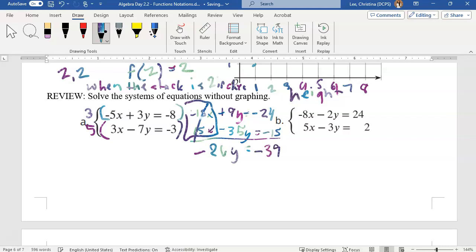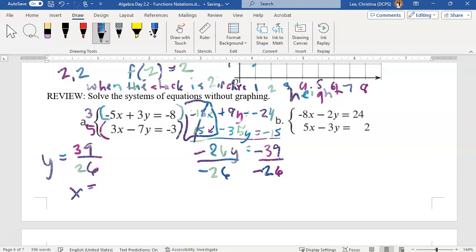So you're not going to have a beautiful, perfect, easy number here, right? But the point is that I want you to get used to practicing these. So we'll get y equals 39 over 26. And then you would need to plug that back in to see what you would get for x. So that part, x equals, see if you can solve that yourself. All right.